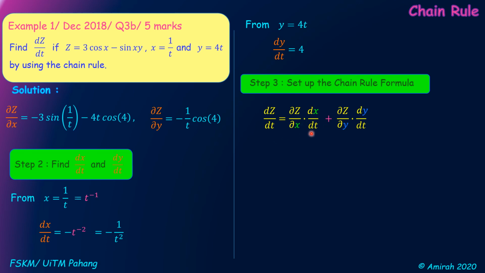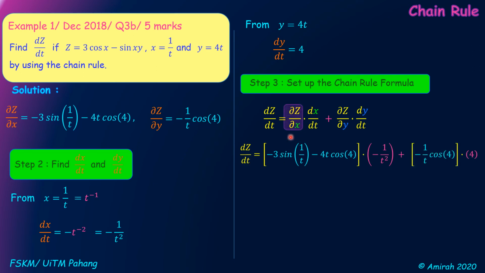We just imagine. This is called the chain rule. And after that, dz over dt equals, we replace del z over del x equals negative 3 sine 1 over t minus 4t cos 4.